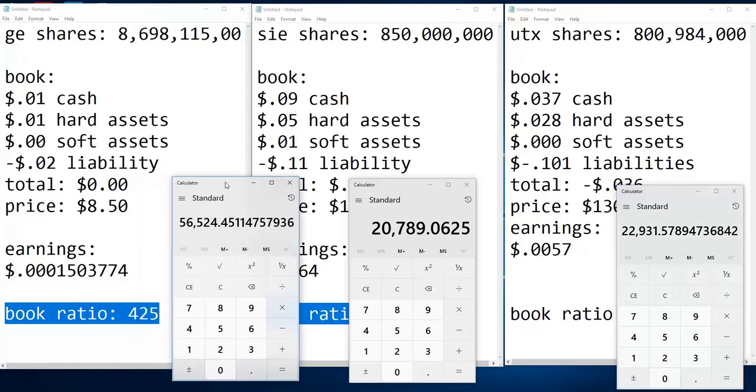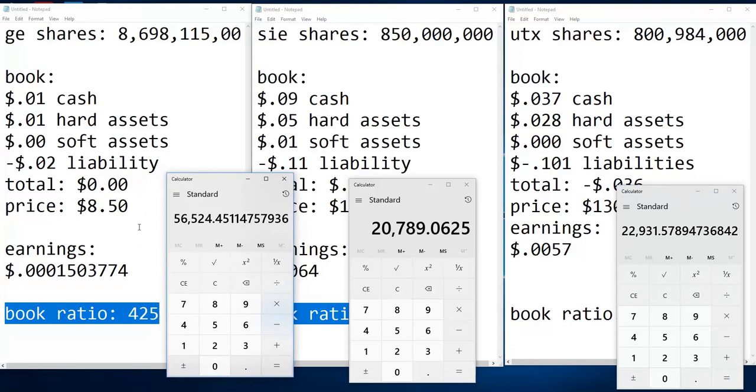So again, just to reiterate, the price to book, which is what is the price versus what the company actually owns, as far as assets in this case are concerned, GE wins the day. Their price is fairly cheap compared to the amount of assets that they own, compared to their competitors. But based on their earnings, what their actual profit is, the price is way too expensive. It's like I said, it's double what their competitors are.